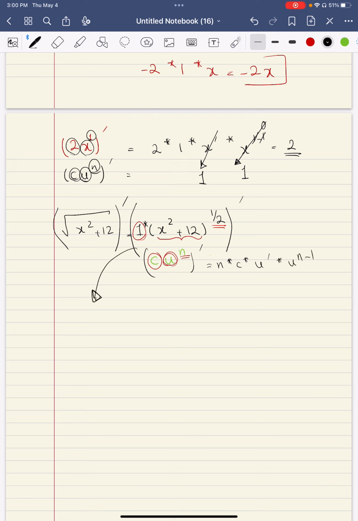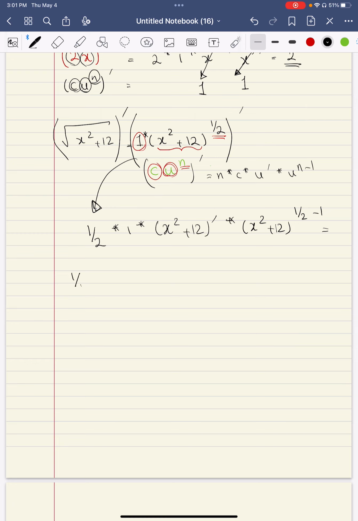N times c, 1 over 2 times 1 times u prime, or x to the power of 2 plus 12 prime, times u to the power of n minus 1.